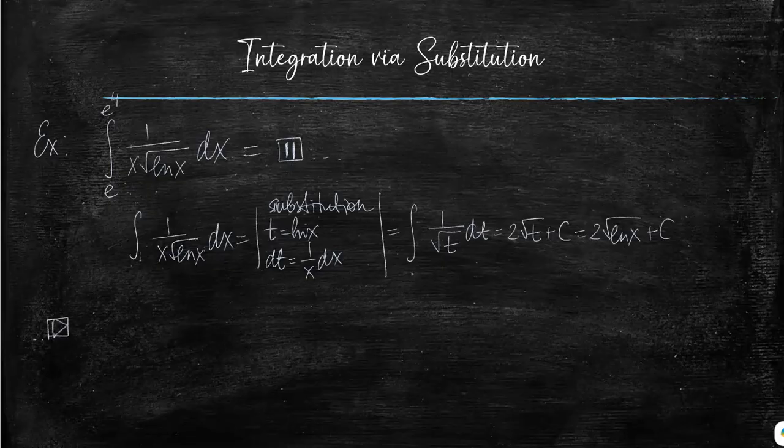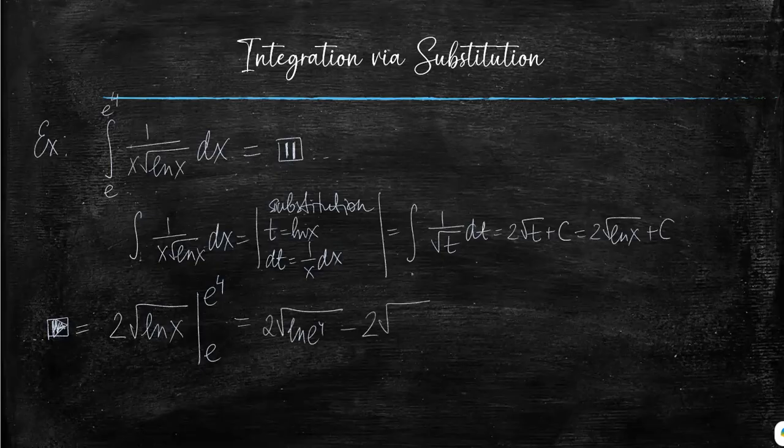You can hit the play button for your main solution, and you can say, well, now that I know the general antiderivative, I can use the fundamental theorem of calculus part 2 to write it like this. And then you just plug everything in. And then the answer would be 2 square root of 4 minus 2 square root of 1. 4 minus 2 equals 2. So as I said, no special skill is needed.